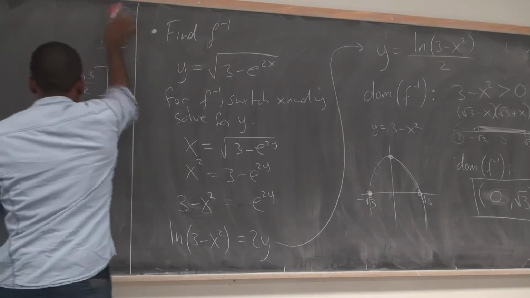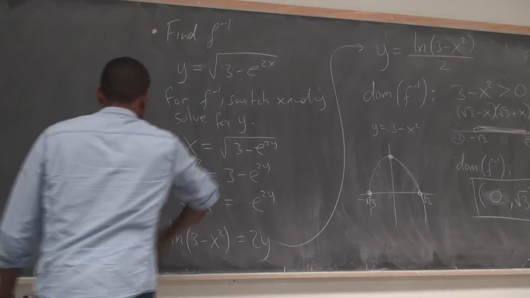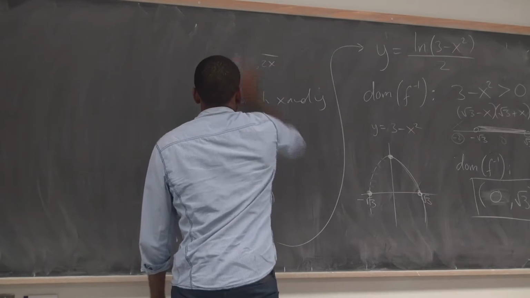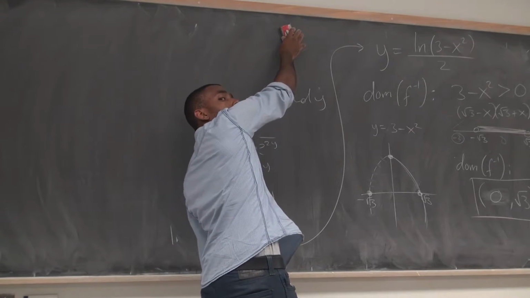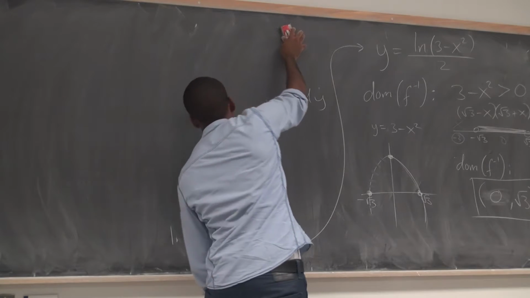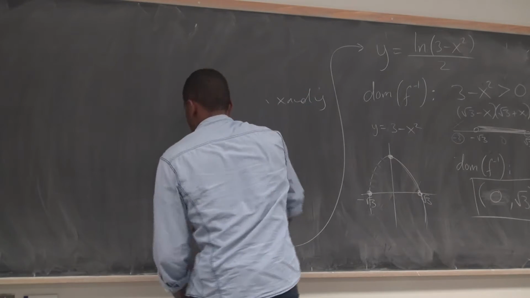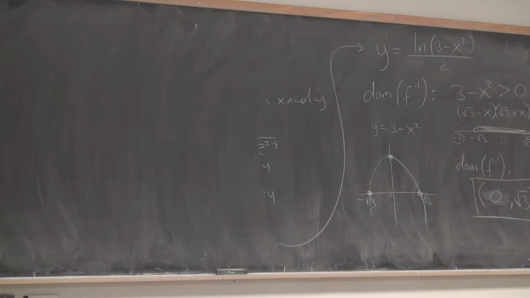Let's try to complete 5.4. Yes? How do you use the range? For the same thing, f of x equals 3 minus e to the 2x. Okay, so what did we say the domain was? ln 3 over 2.